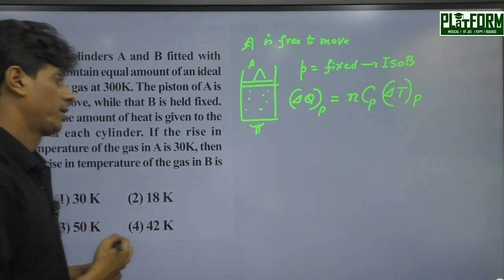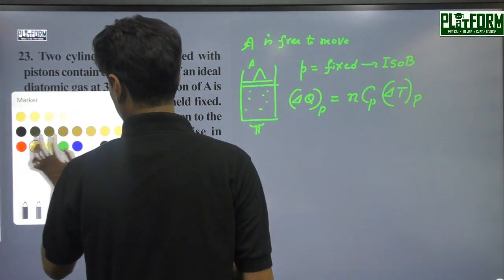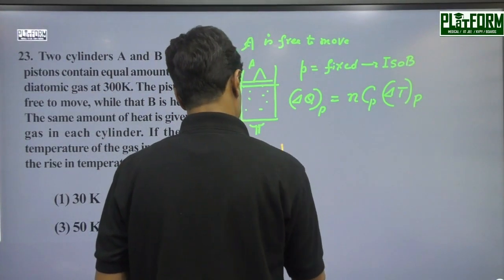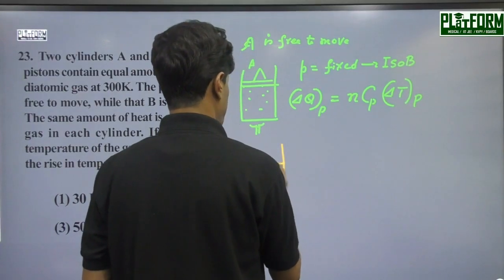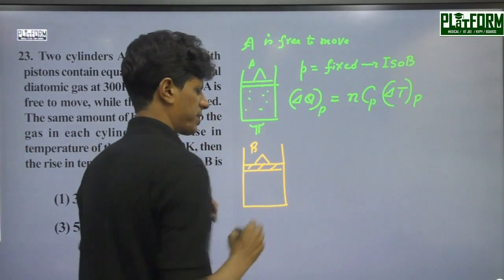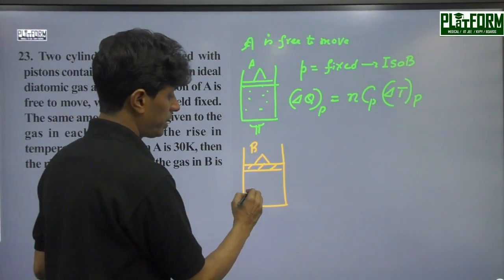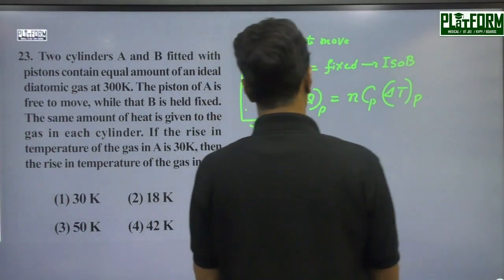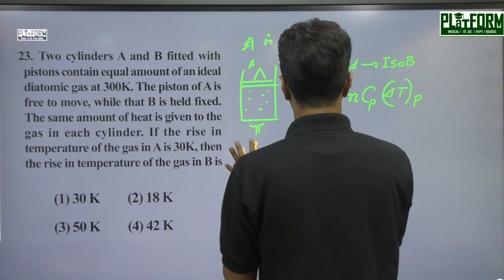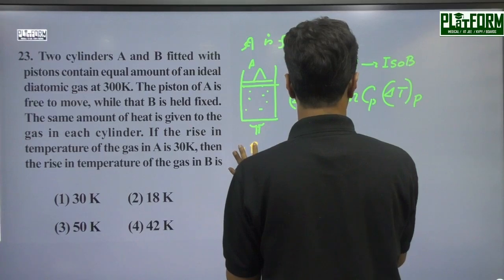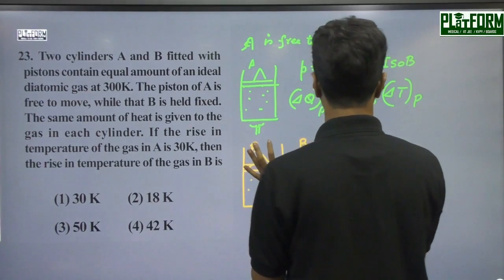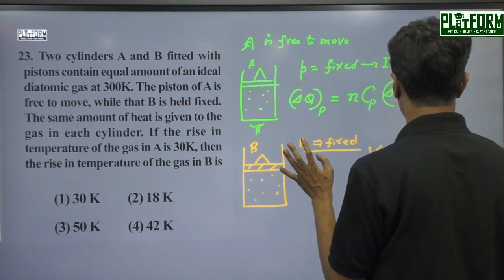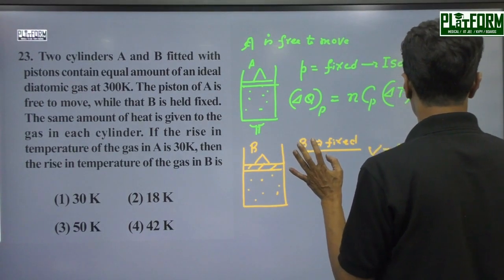Whereas in another cylinder, piston B is fixed. If we increase the temperature of the gas, B fixed means the volume of the gas remains fixed.